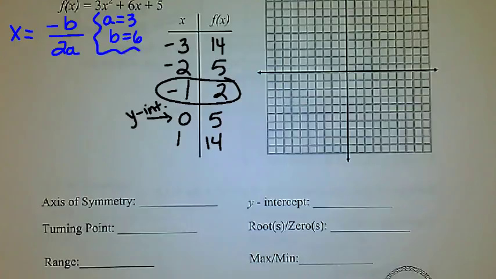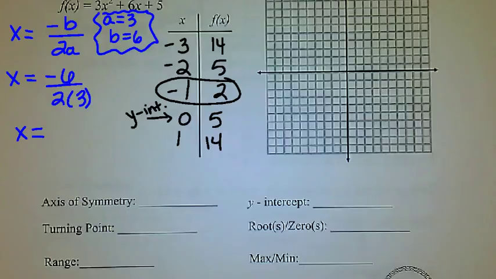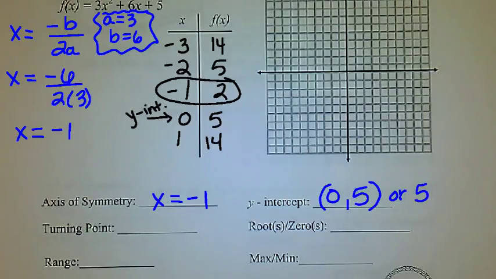I need to know that. Now you're just substituting in. So I get negative 6 all over 2 times 3. So x is equal to negative 1. That is my axis of symmetry. My y-intercept is (0, 5), or just a 5. My turning point is (-1, 2).